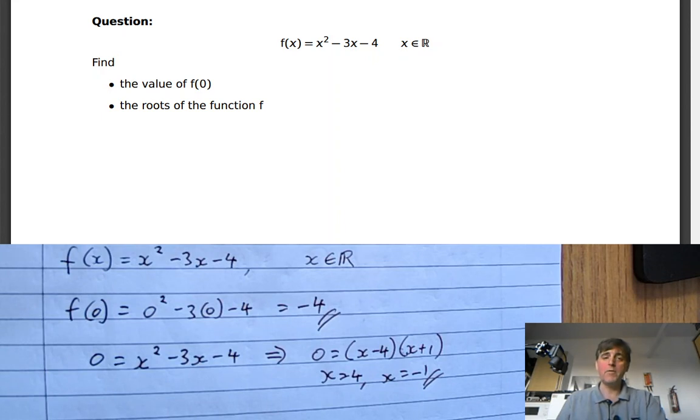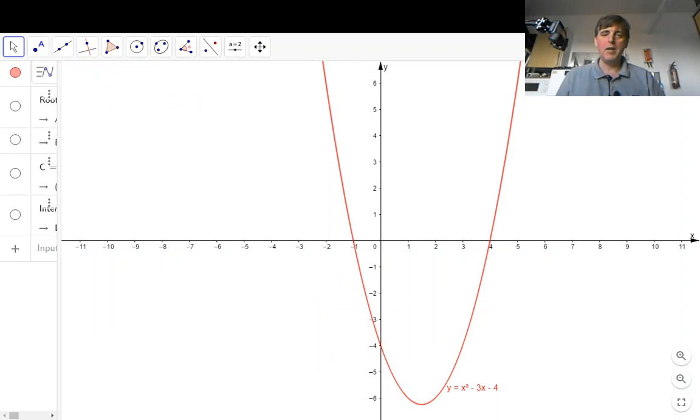Now, up until now, we've not really been looking at the graphs of functions, but if I get my graph plotter on the screen here and actually plot what this function looks like as a graph, then you'll see the picture that's just there. So hopefully you are familiar with graphs already, I should say. You've seen them before. But the values we've just worked out, when we put an input of 0 in here, we got an output of -4.